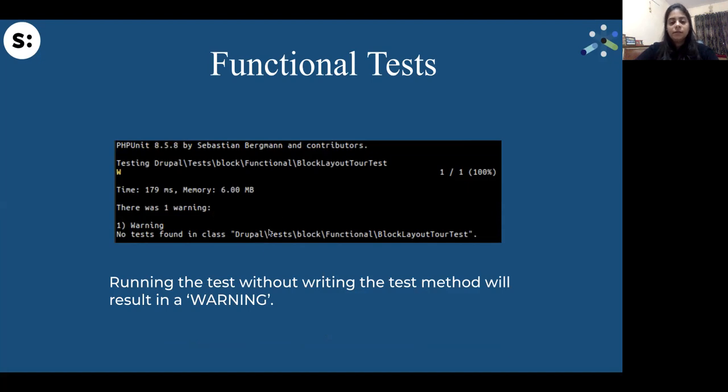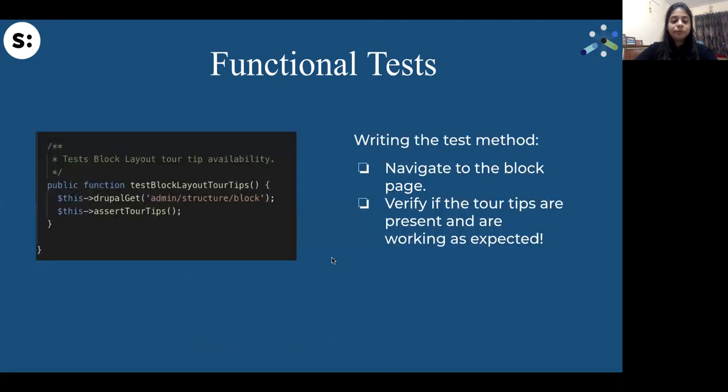Hence, this warning will come. One good thing you can identify here is that Drupal identified our test. It identified that yes, it's a test class because we extended it from the base class. Now we'll write the actual test method.